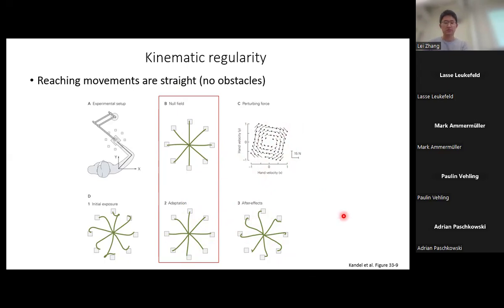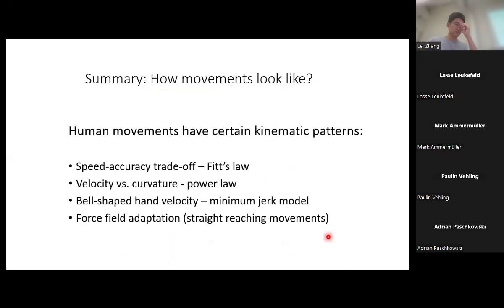Okay, so now we have looked at several features of invariance in kinematics. Let's summarize a little bit. We started from the speed-accuracy trade-off, which is Fitts' law, and also the velocity-curvature relationship, called the power law. And then we looked at planar movement. We see the bell-shaped hand velocity, and using the minimum jerk model, we can describe these relationships.